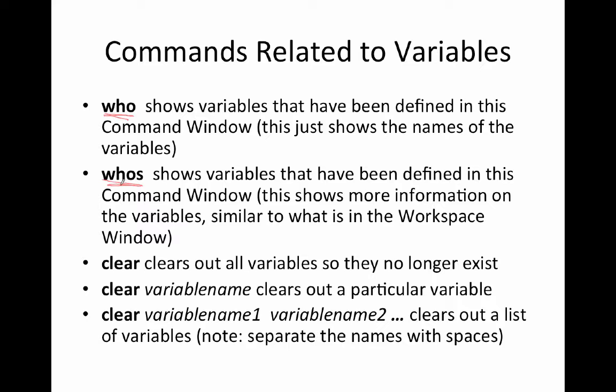The clear command will get rid of variables. So if you just say clear, that gets rid of all of the variables that you've created. So you would see nothing in the workspace window. Or you can clear a particular variable by giving the variable name, or a whole list of variables by giving variable name 1, 2, 3, etc. So you separate all of those variable names with spaces.